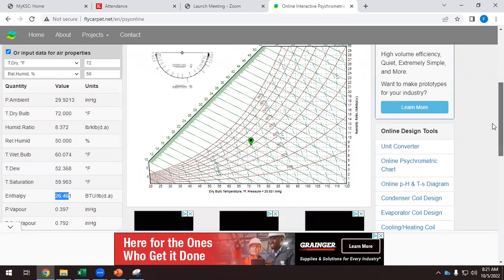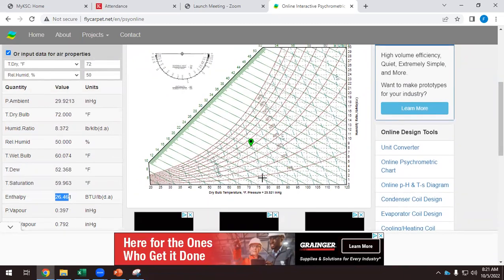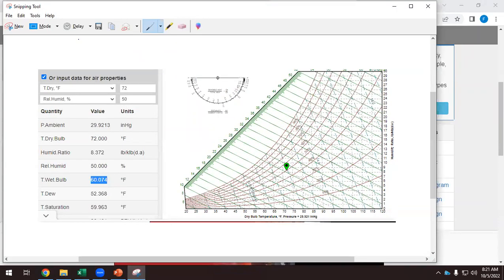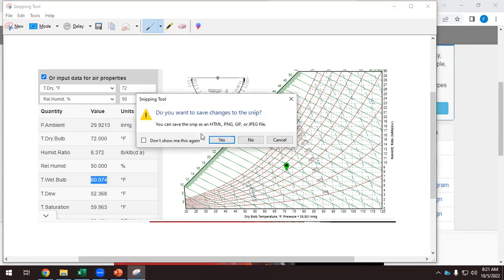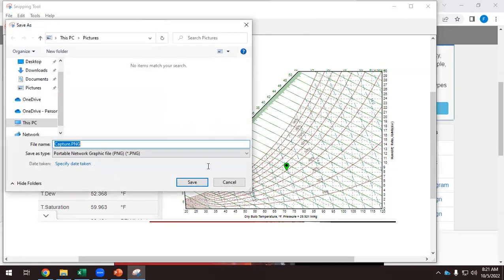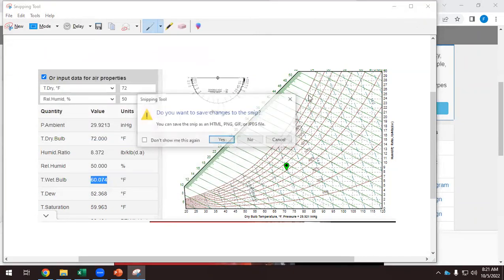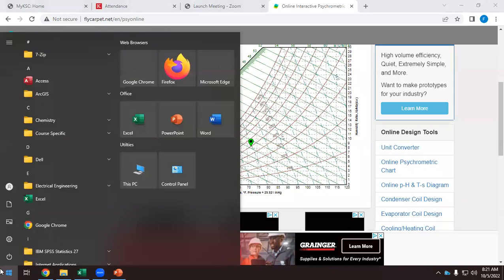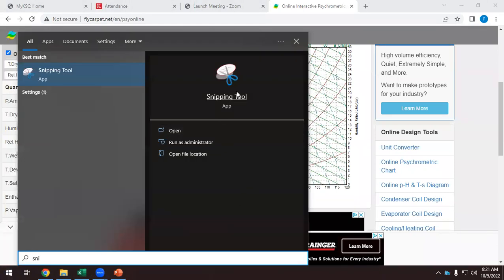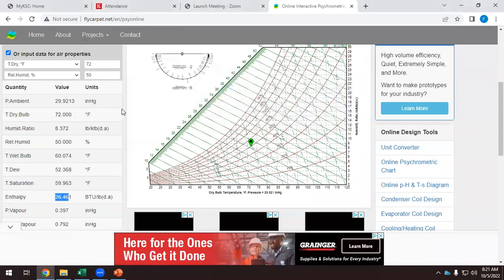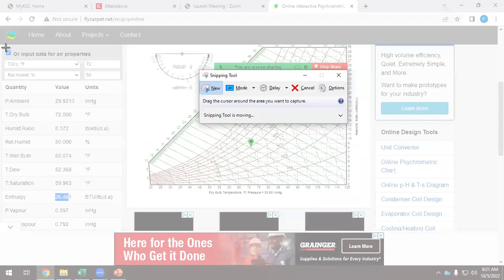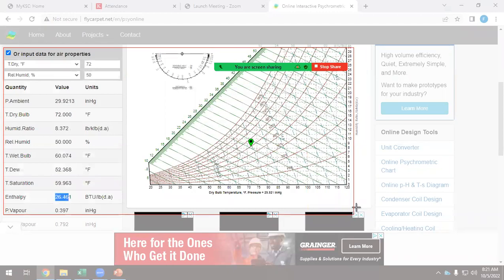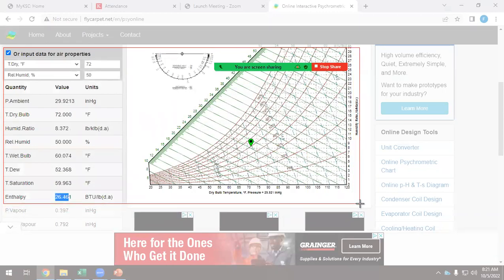So if there's a way to get... no, that won't save it. Okay, there's a way that we can get all the values, including the enthalpy.